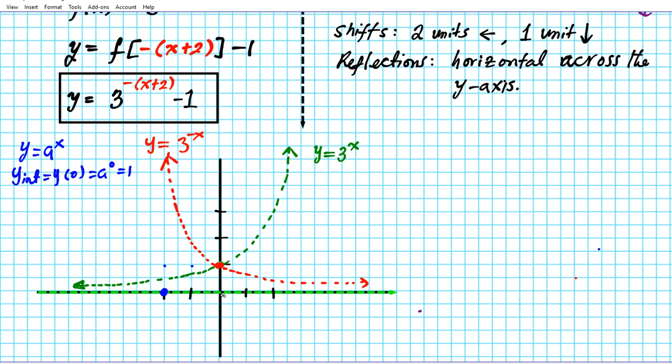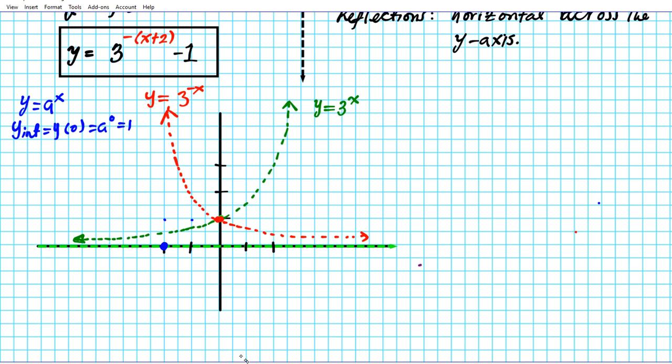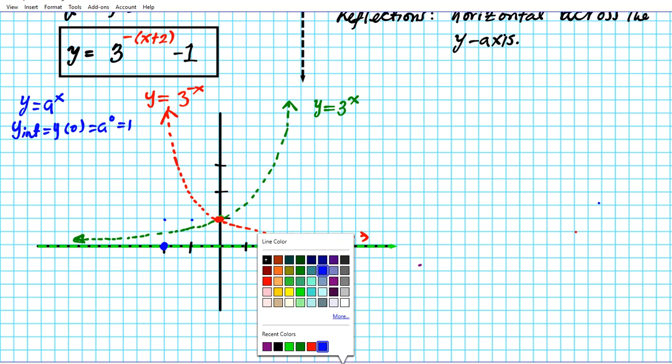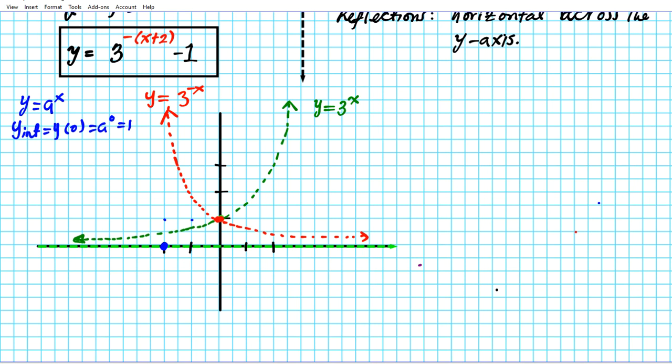How about our horizontal asymptote? When we shift our horizontal asymptote horizontally, because of its infinite length, there is absolutely no change. But when you shift it vertically down 1 unit, it's going to take us down to -1.